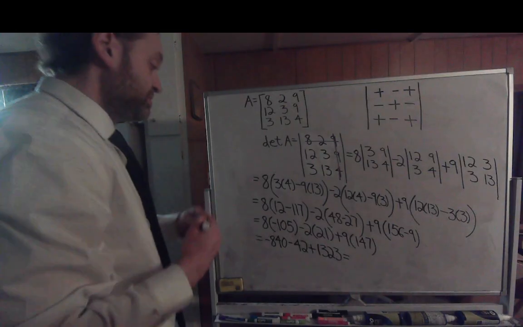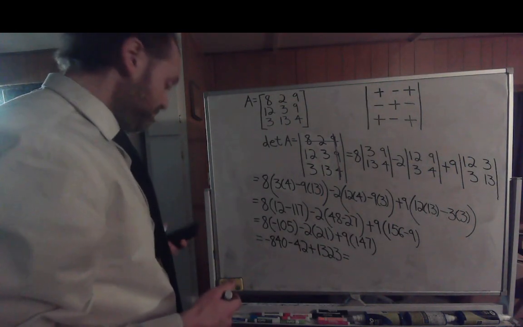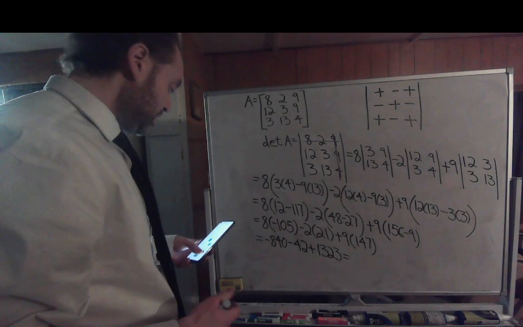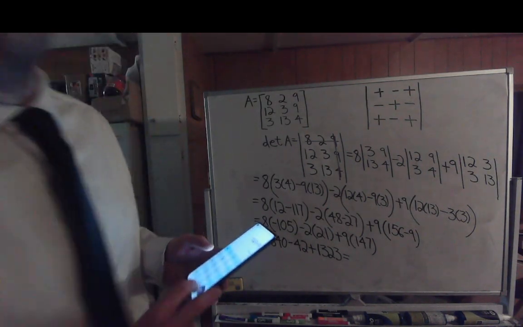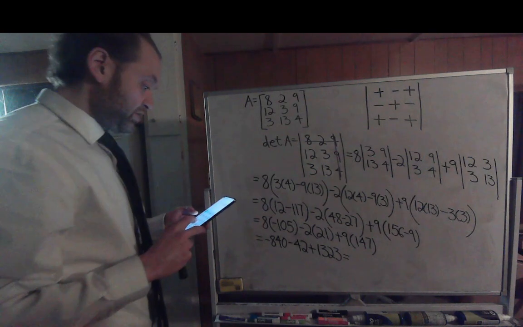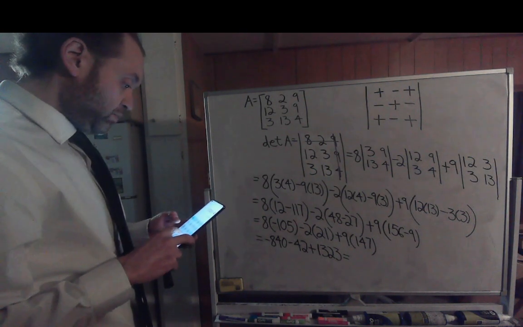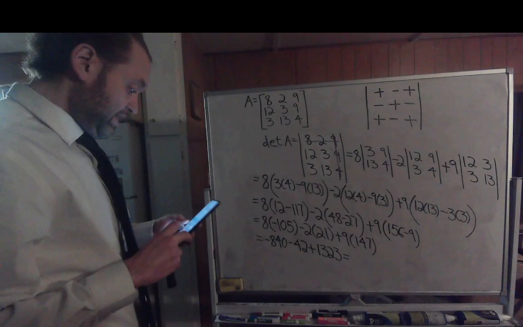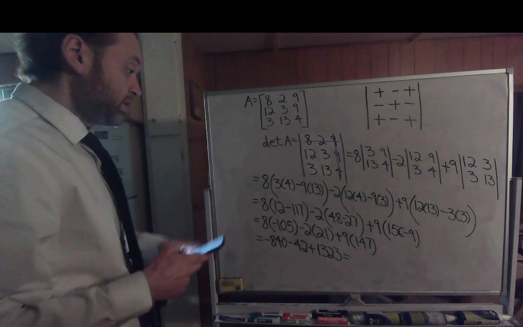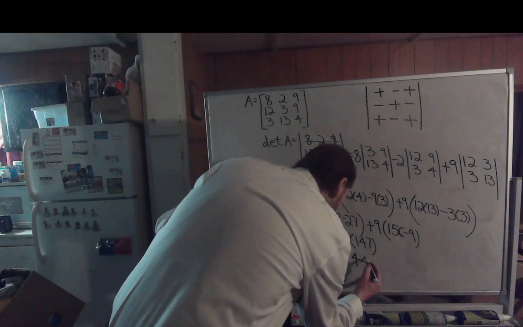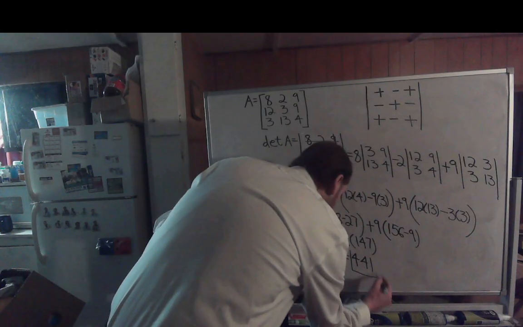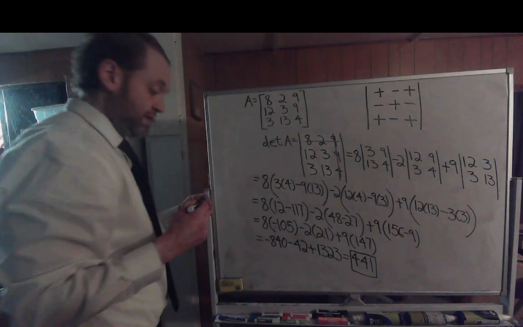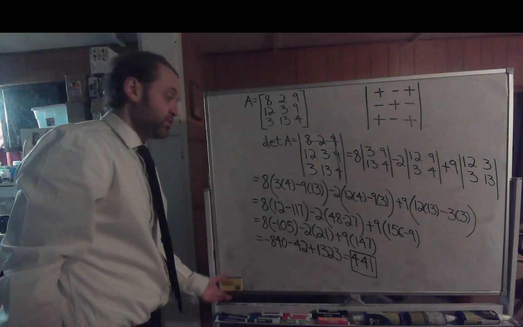Which now let's just add all these together here. So 1,323 minus 42 minus 840, that would give you 441. So the determinant of this particular matrix would be 441. Yeah, that's a large one.